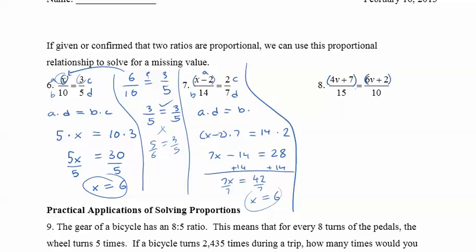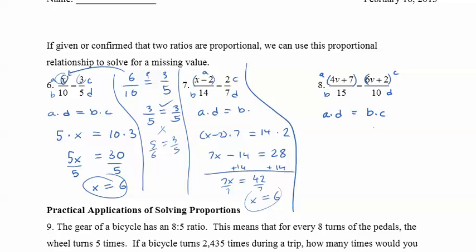So, write down the relationship again. It's useful to do it just in case you make a silly mistake. A times D equals B times C. A is 4v plus 7. B is 15. C is 6v plus 2. D is 10.